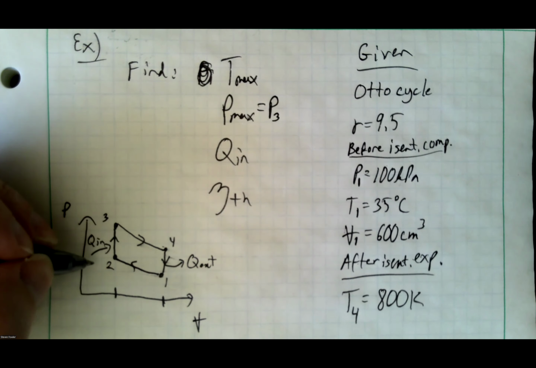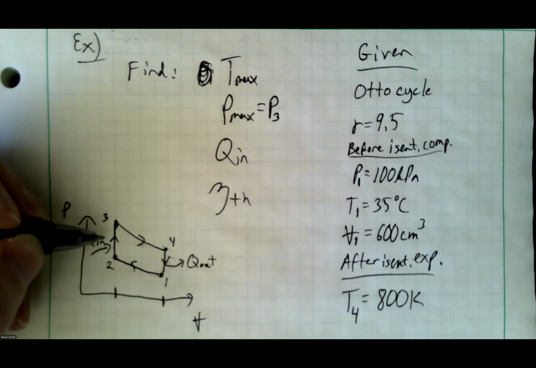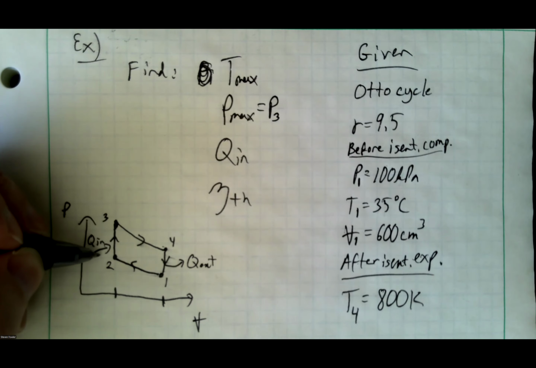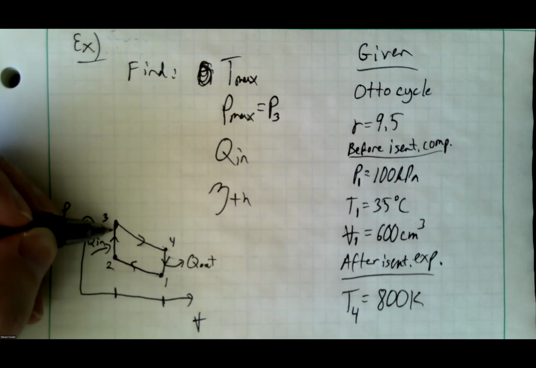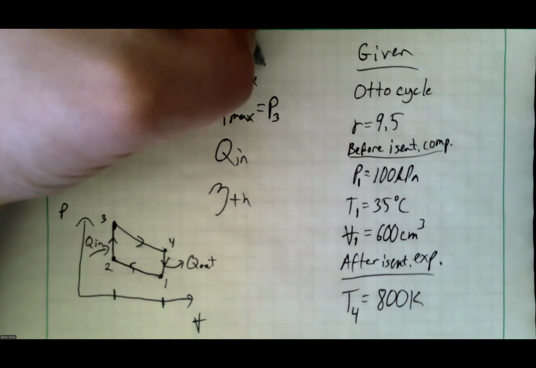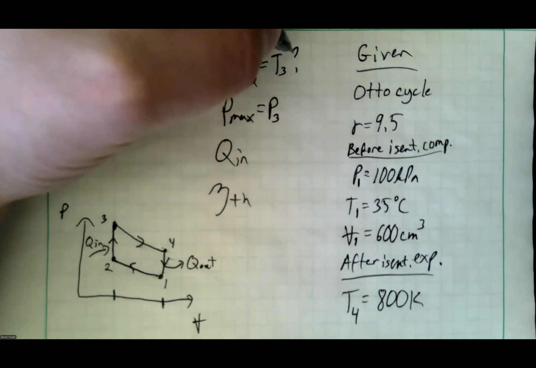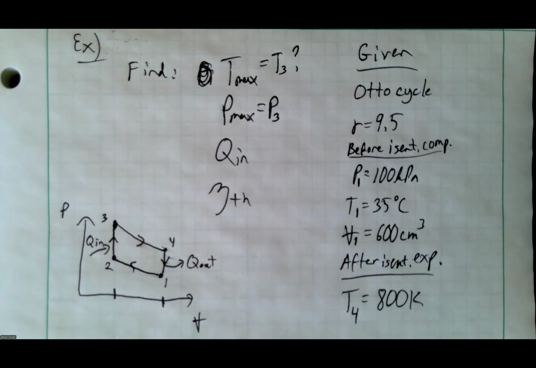This heat in replaces the combustion process in a normal combustion engine. We're replacing it with just a simple heat addition process. So if I hold the volume constant and dump a whole bunch of heat into it, that's most likely the point where I'm going to reach a max temperature. I'm going to put a question mark here because we don't know for sure yet.